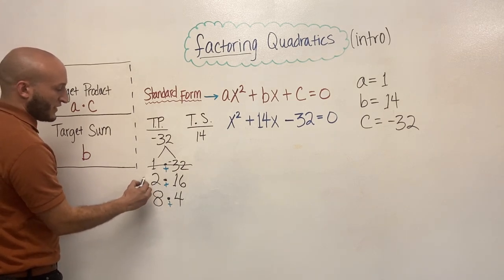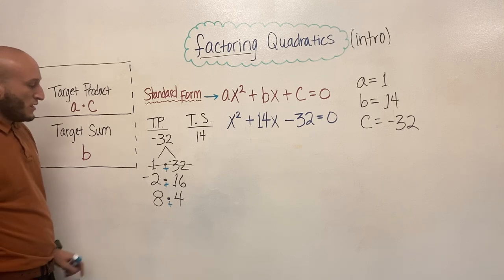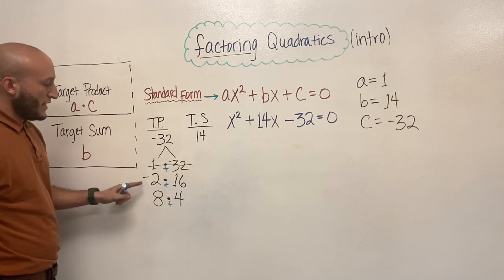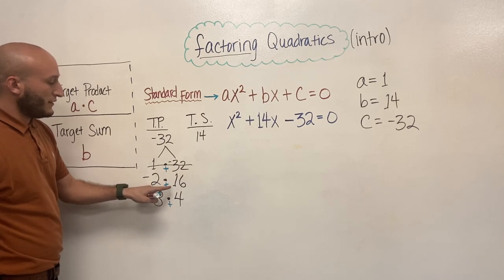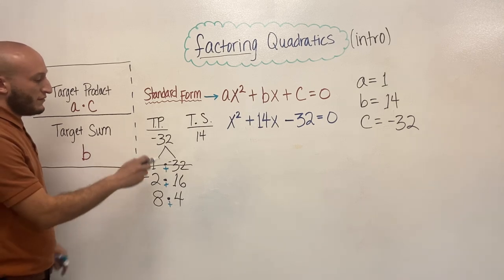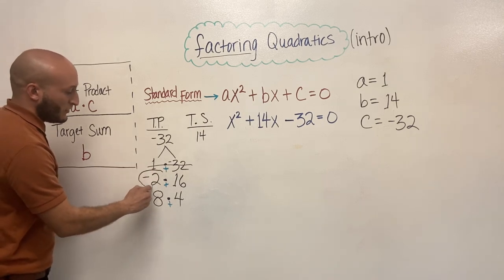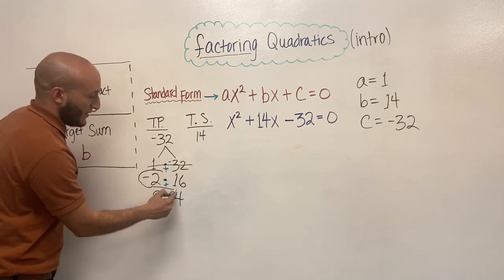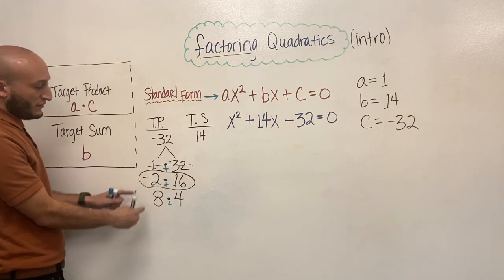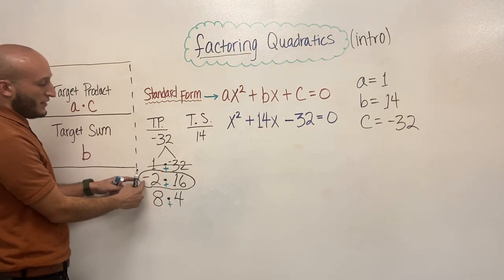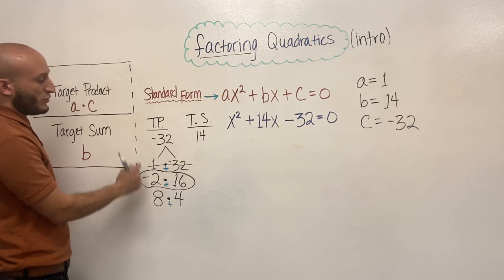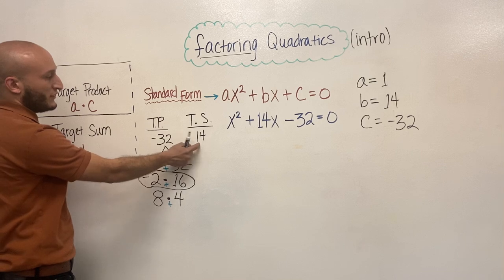For 2, I'm going to give it a negative. So negative 2 times 16 equals negative 32. Negative 2 plus 16 equals 14. And bingo, I didn't even have to go to the third pair. This meets both conditions. This pair, negative 2 times 16, equals the target product, and when I add them, it equals the target sum.